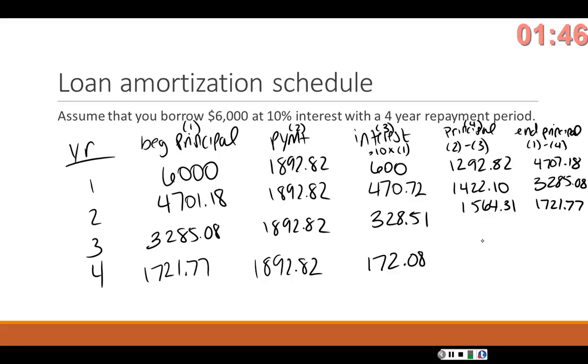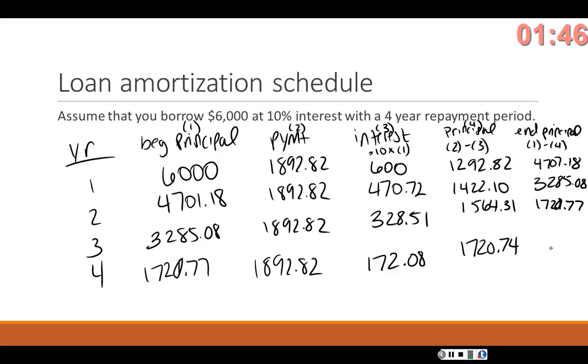The amount that goes towards principal is the loan payment minus the amount going towards interest, so $1,720.74. This is supposed to be 1,720, excuse me.